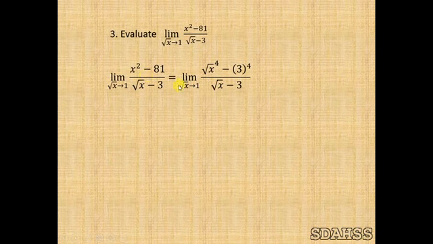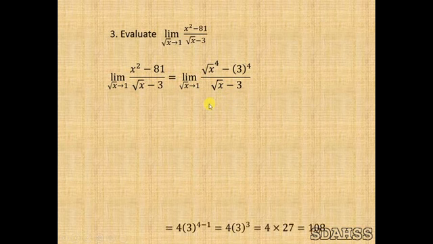Here x^2 can be written as (root x) whole power 4, because root x into root x into root x into root x gives x^2 when multiplied. Similarly 81 can be written as 3^4. You keep the denominator as it is, root x minus 3.